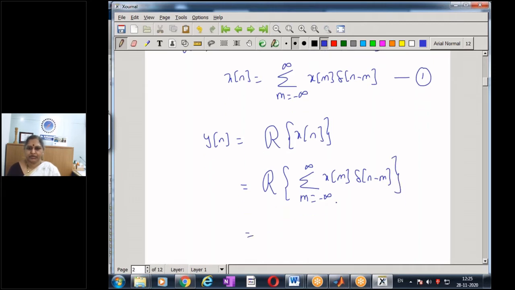Now what is x[m]? x[m] is the value of the sequence at n equal to m. So it is a constant. It can be treated as a constant.